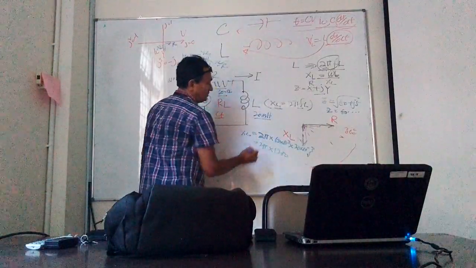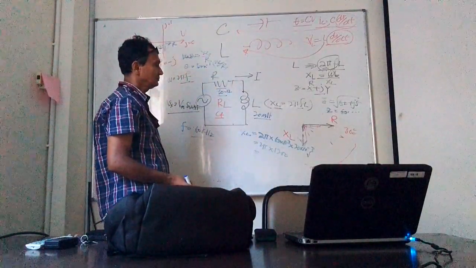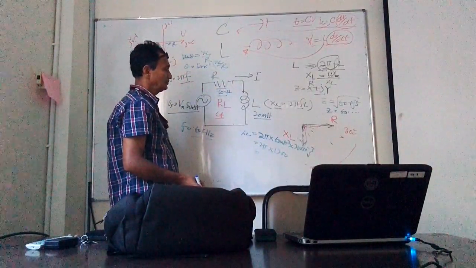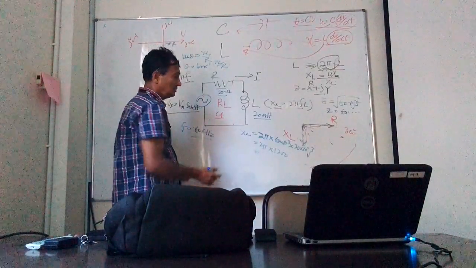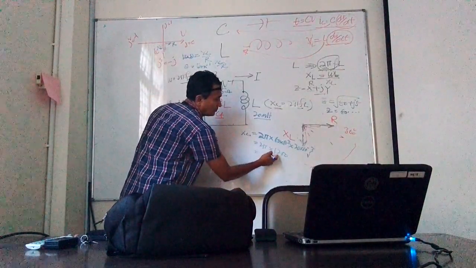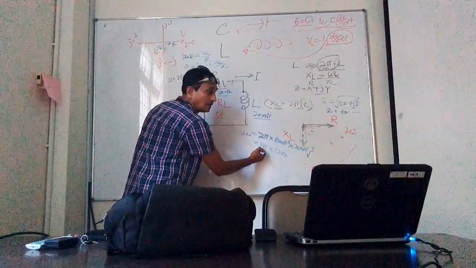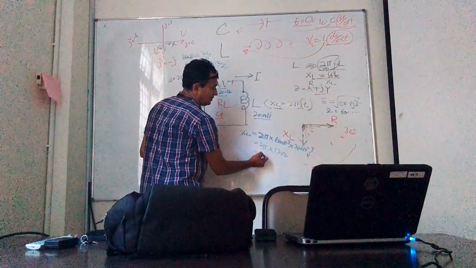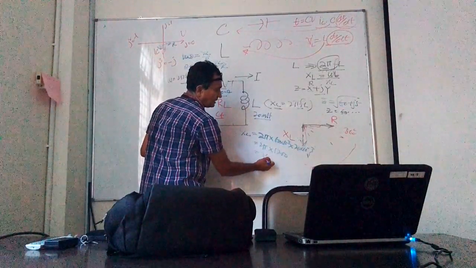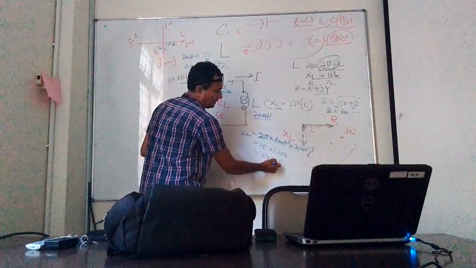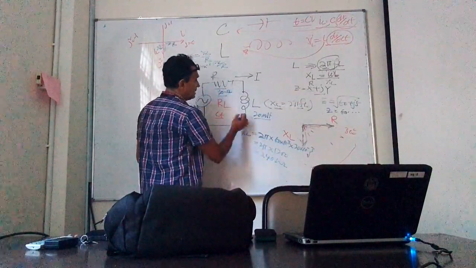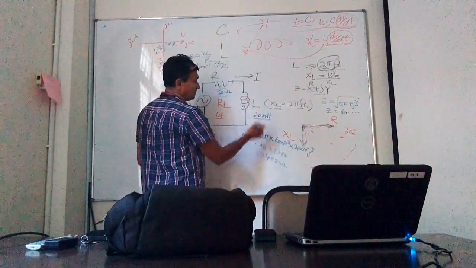How much is it? 1200 multiplied by 2 pi, how much? 2405. This one is the value of the inductive reactance.